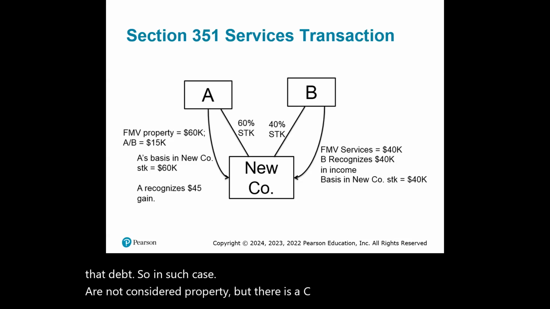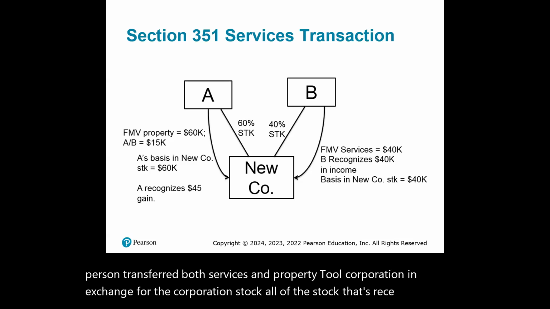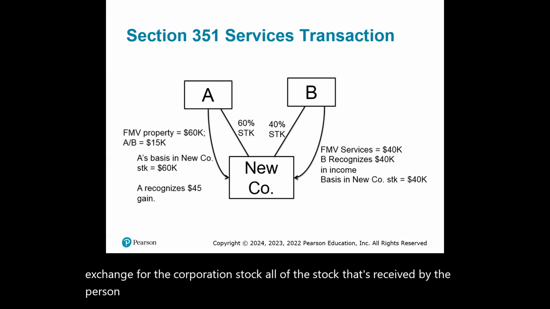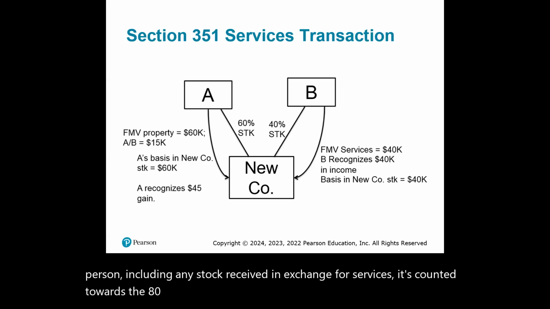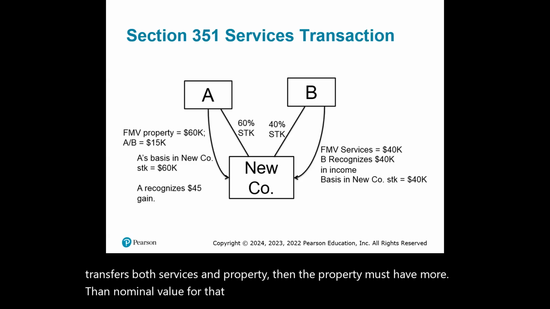In the event that a person transfers both services and property to a corporation in exchange for the corporation's stock, all of the stock that's received by the person, including any stock received in exchange for services, is counted towards the 80% threshold. Whenever this happens and the individual transfers both services and property, then the property must have more than nominal value in order to count.